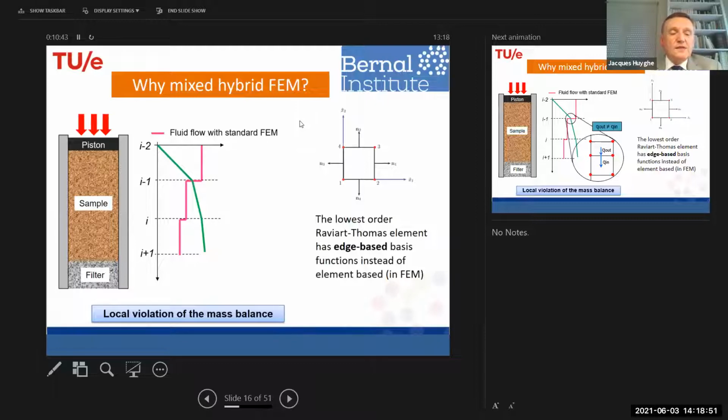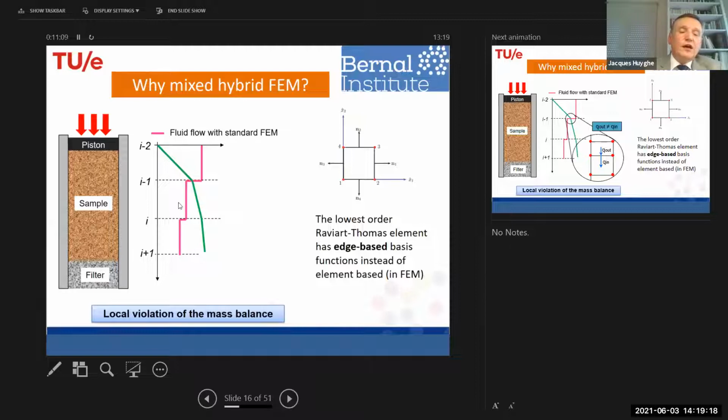Local mass balance violation is in fact pretty easy to understand if we think of a one-dimensional finite element model. For a confined compression of a sample, we find a linear variation of pressure within an element, or quadratic or whatever. But as an example, we will take a linear variation of pressure.